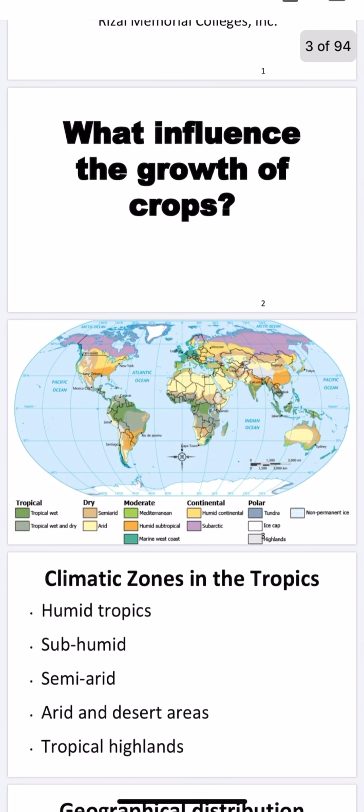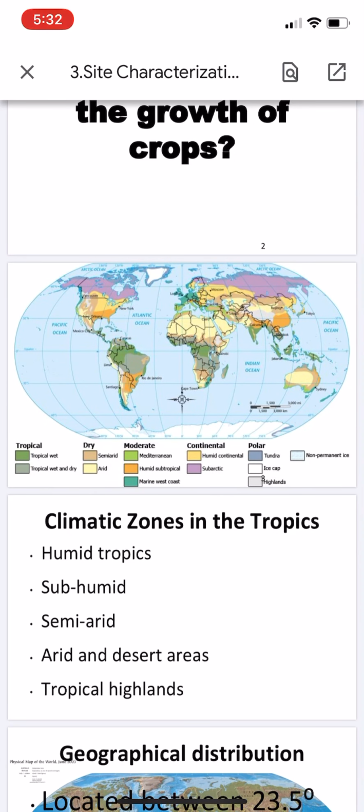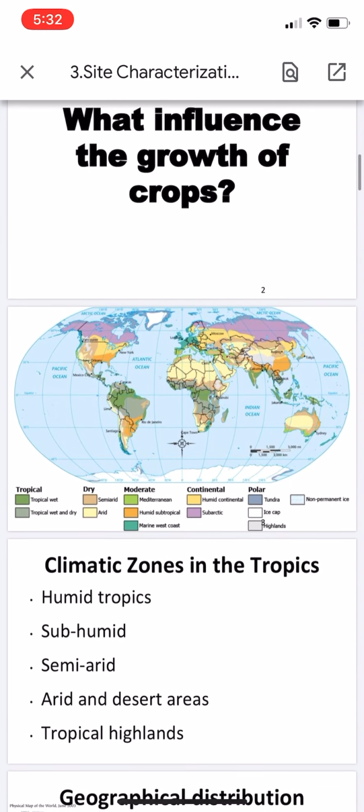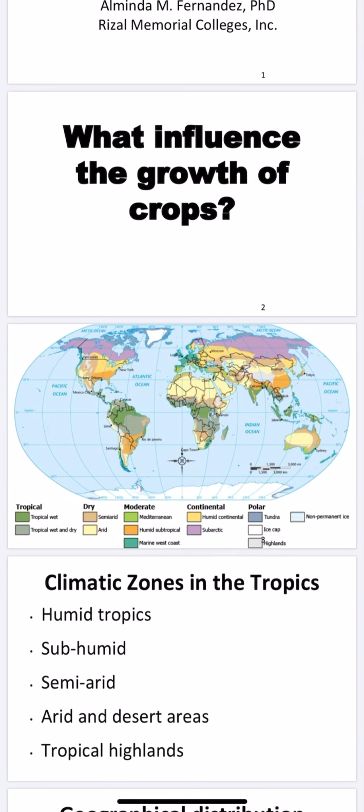So I have here the map of the world, and these are classified based on the different climatic zones in the tropics, as you can see. So we have here the green one on the photo shows the tropical wet. So the green colors of the different maps of the world are, as you can see, tropical, including Philippines.